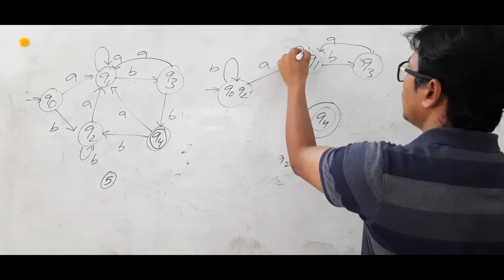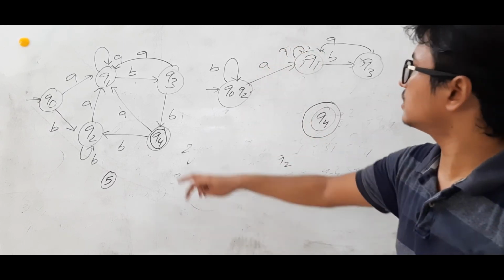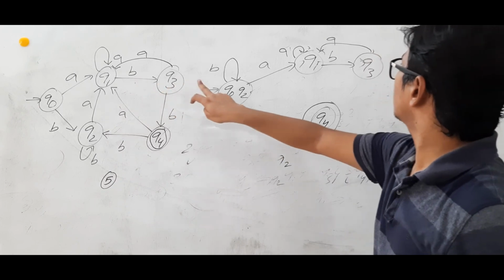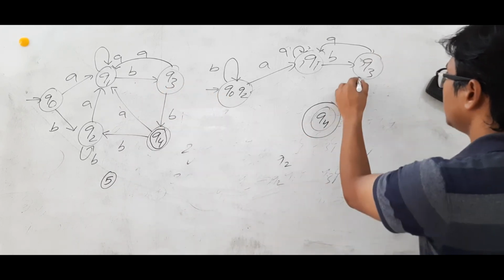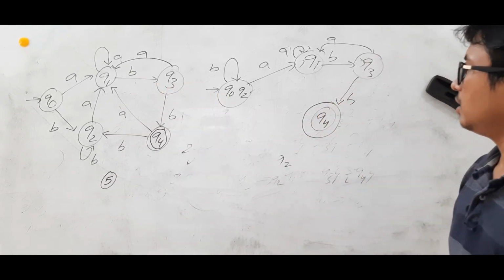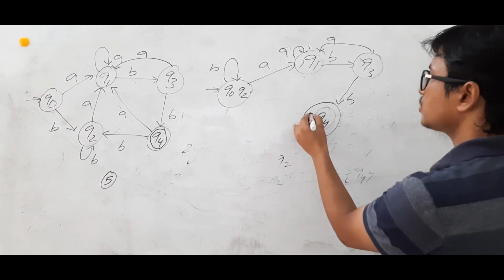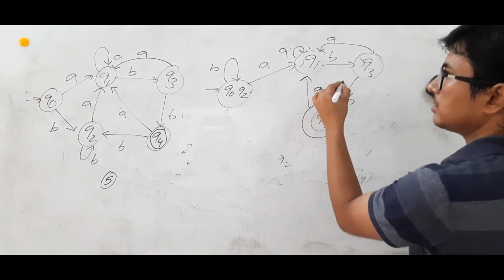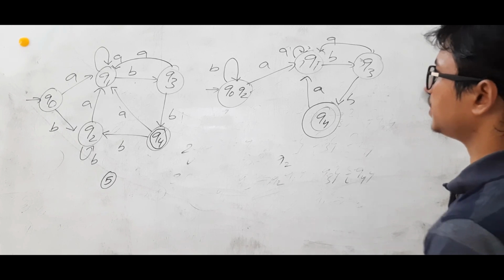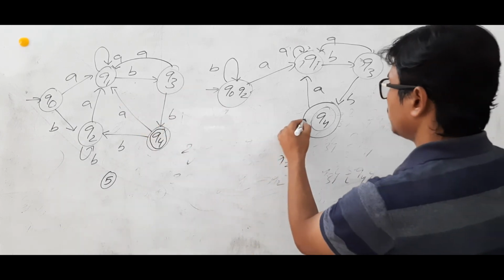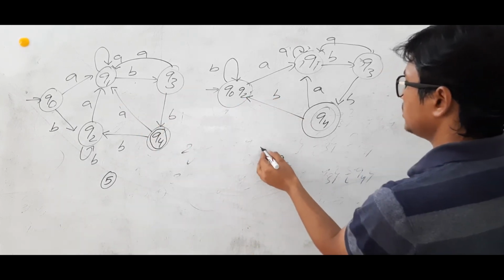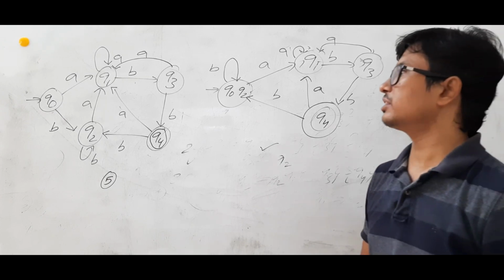Q1 on A is going to Q1 itself. Now Q1 is done, Q3 on A is done, Q3 on B is going to Q4. Now Q4 on A is going to Q1, Q4 on B is going to Q2. So you have to write like this. So this is the minimized DFA for the given DFA.